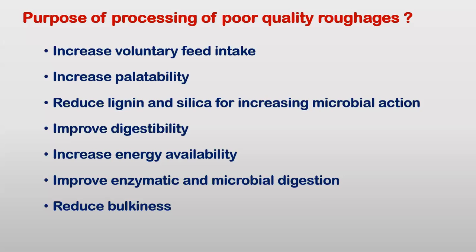Once we reduce the bulkiness, we can reduce the storage space, and we can store more quantity of feed in a smaller space. So these are the advantages and purposes of processing poor quality roughages. Must remember these points.